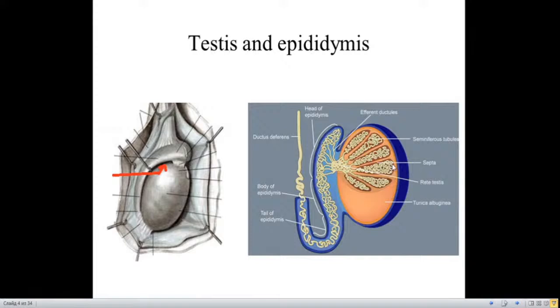You see some of them coiled and some of them not coiled, straight. So they are known as convoluted seminiferous tubules or tubuli seminiferi contorti, and straight seminiferous tubules or tubuli seminiferi recti.